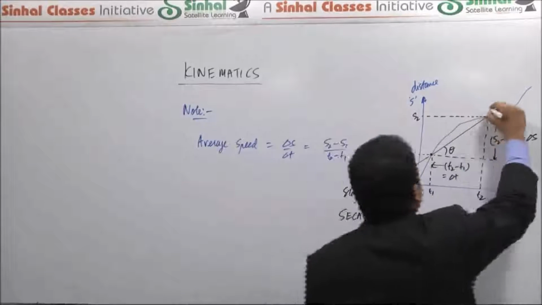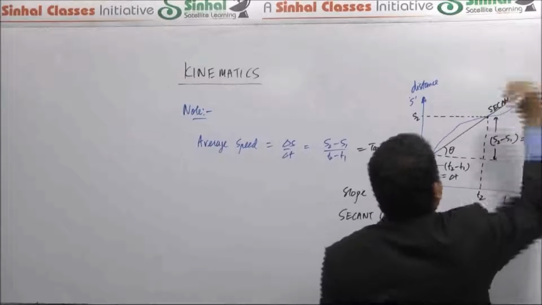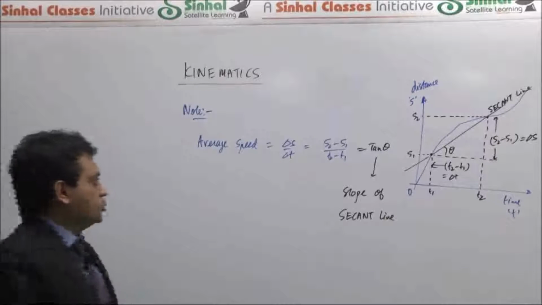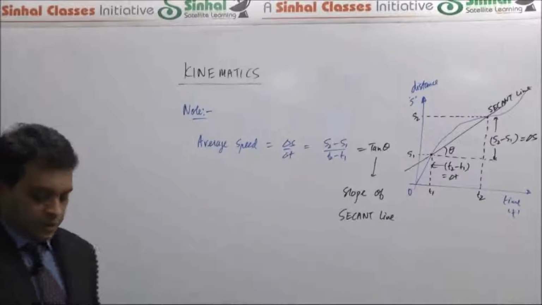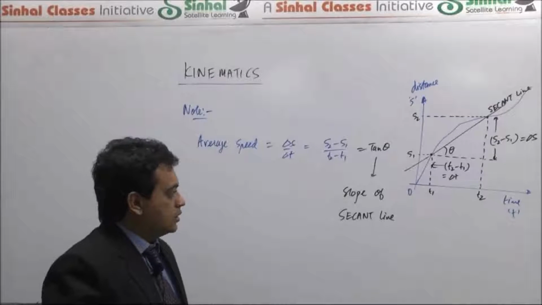This sort of a line is called a secant line. Right, so just take a moment there and absorb that. It's an important concept. Then we'll talk about instantaneous speed next.